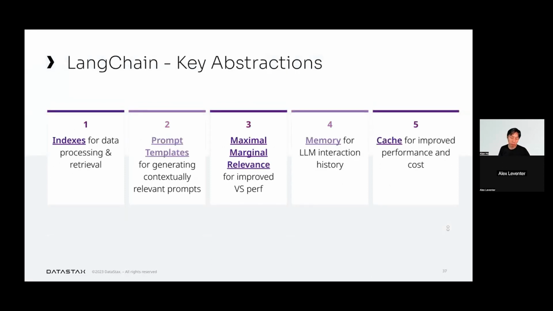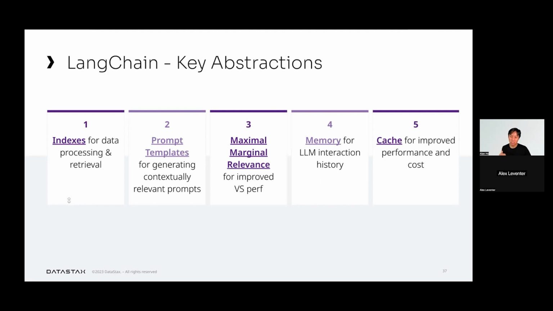One of the other things that we made a lot of use of is LangChain. LangChain has key abstractions for accelerating development of your application. The first key abstraction that we use is called indexes. This is the data for retrieving the chat history as well as the DB, retrieving the product documentation. We use the prompt template capability to generate contextually relevant prompts.